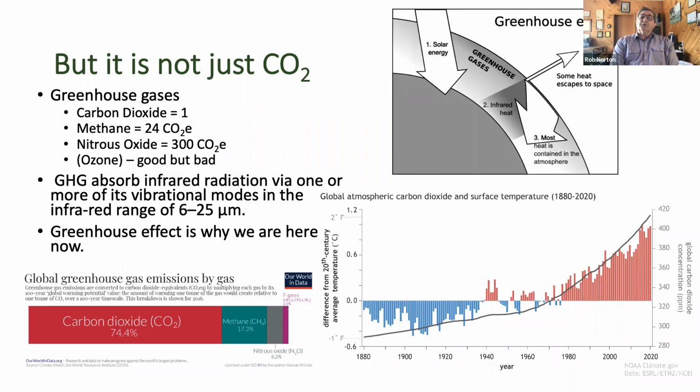And that's why we're here, because we've had that warming atmosphere. The consequence is that with more greenhouse gases, we end up with more heat being contained in the atmosphere, more energy in the atmosphere. The bottom right is the global trend in surface temperatures over the past 140 years.